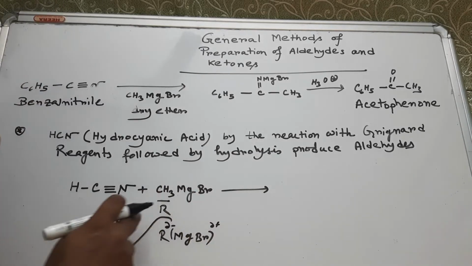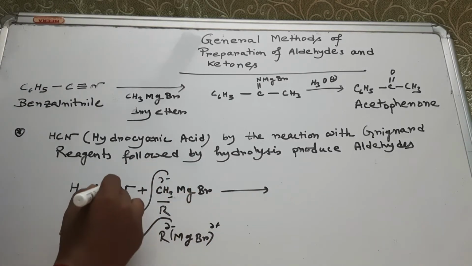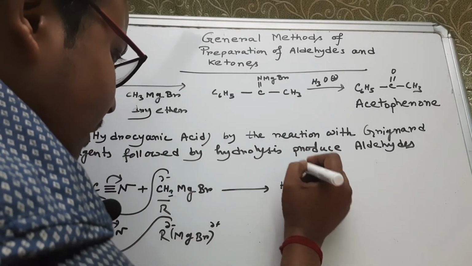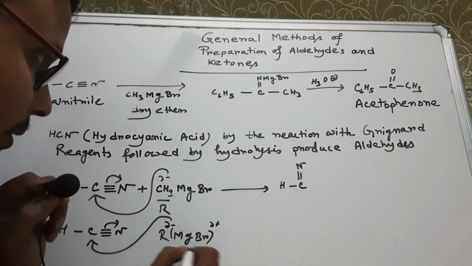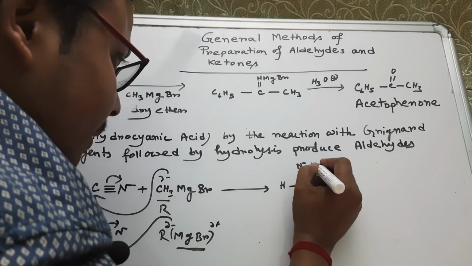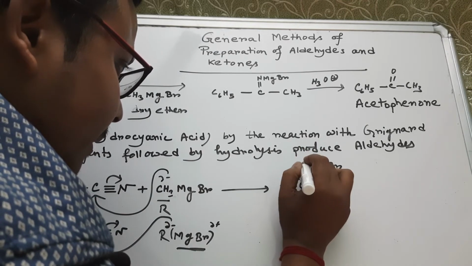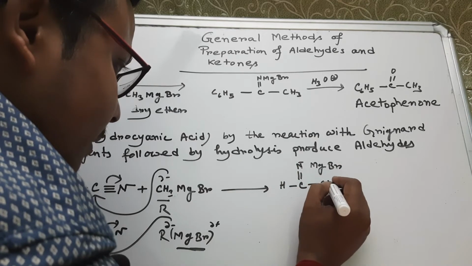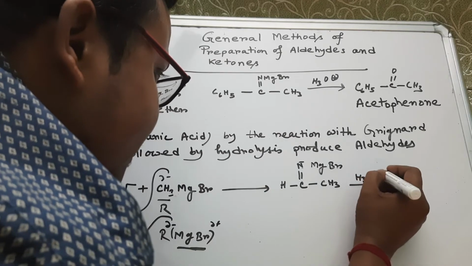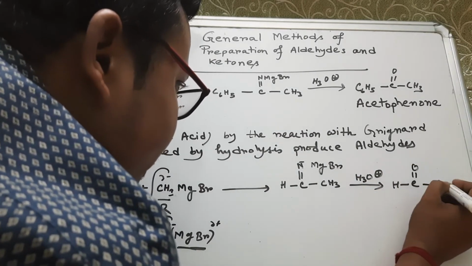So H-C=N-MgBr with the CH3, and followed by hydrolysis, that is H3O+, you can get CH3-CH=O.